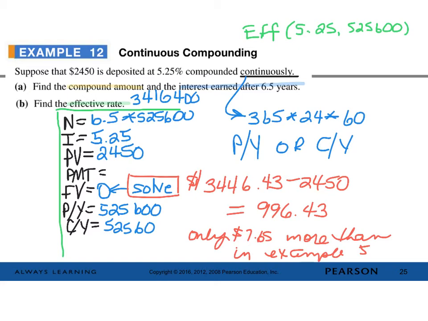Close the parentheses, and it turns out that the effective rate is 5.39%.